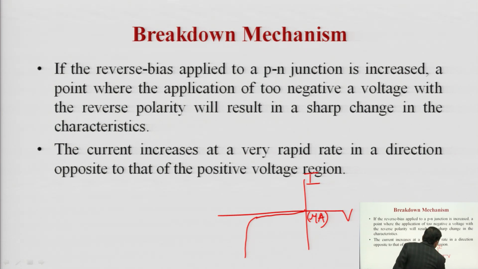Again, there is some safe current. Up to the safe current there will not be a breakdown, but the current increases sharply. After we increase the voltage more in the reverse bias direction, the current increases sharply.